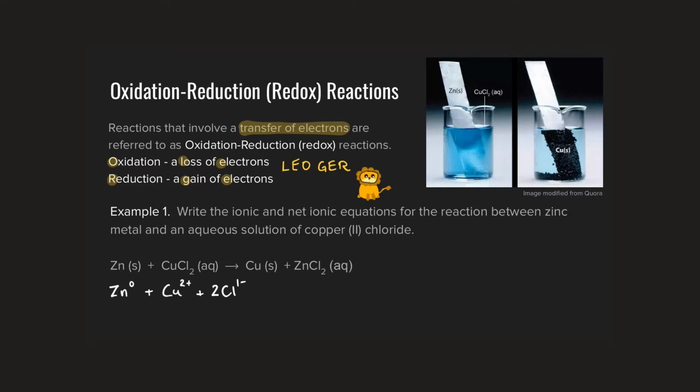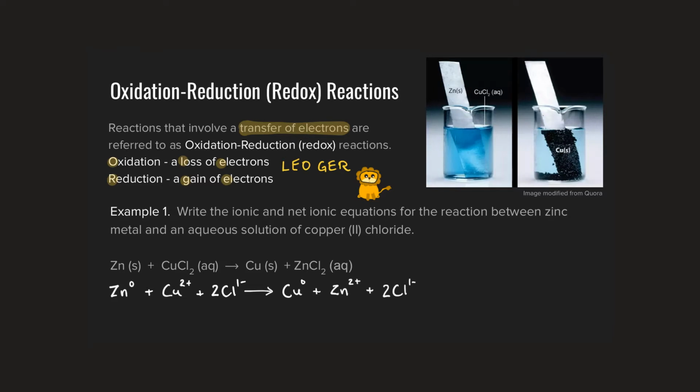And then on our product side, we've got our solid metallic copper, Cu, and I'm going to go ahead and notate that again as Cu with a little 0 up above there, recognizing it has 0 net charge. It's metallic elemental copper. And then we've got our zinc ion, Zn2+, and 2 chloride ions, Cl-. So we've now dissociated those aqueous species in writing the ionic equation.